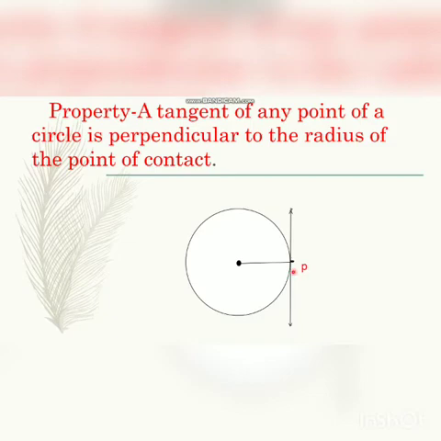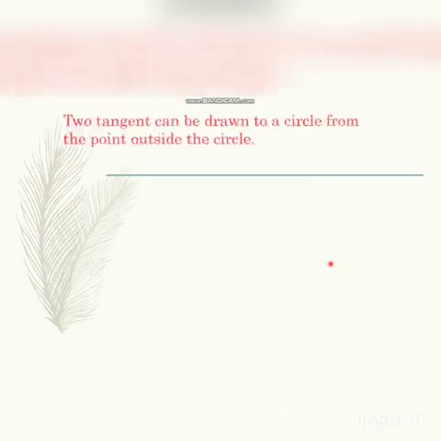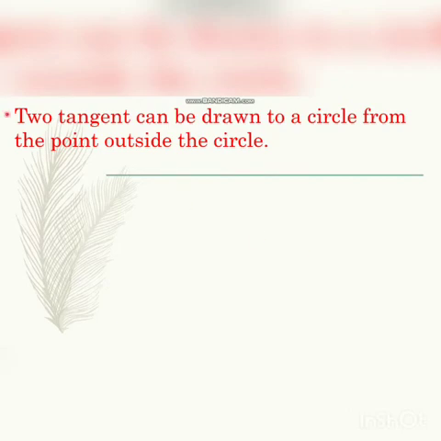If any point lies outside the circle, from that point you can draw two tangents. So read here: two tangents can be drawn to a circle from a point outside the circle.